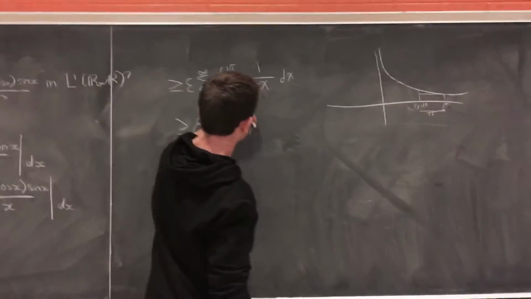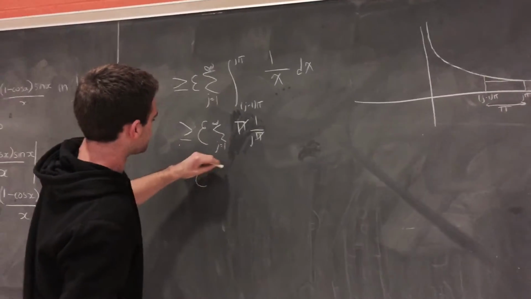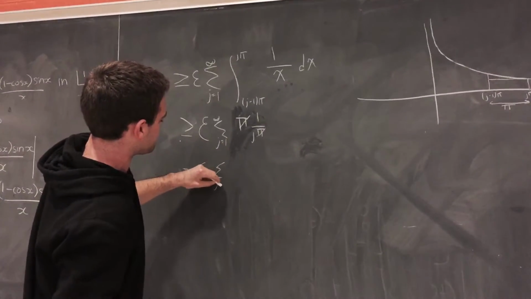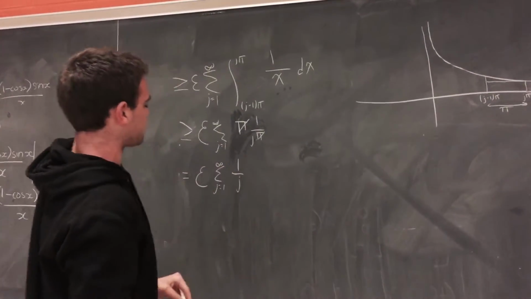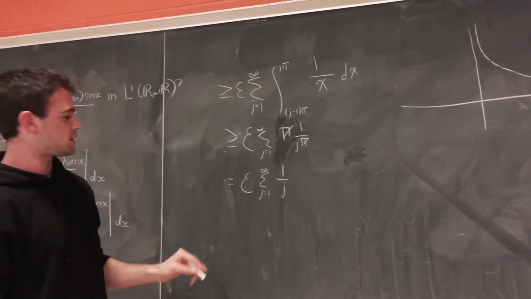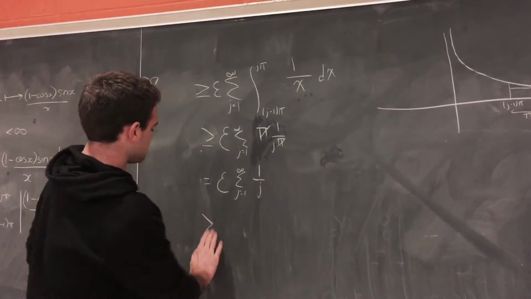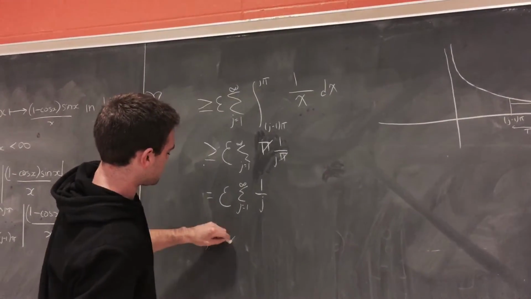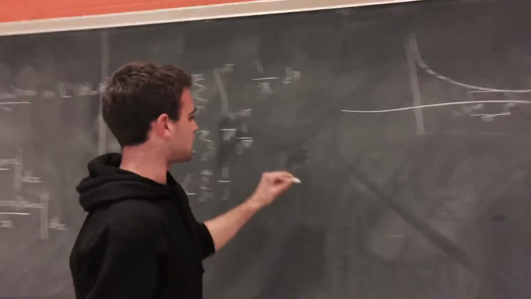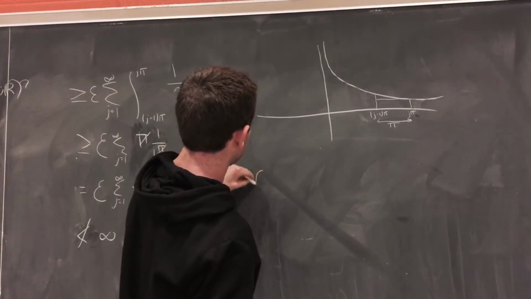The pi's cancel, and then this is equal to epsilon times the sum from j equals 1 to infinity of 1 over j, which is the harmonic series, which means that this is not less than infinity, which means that our function is not in L1.